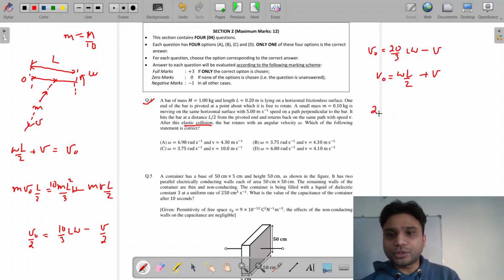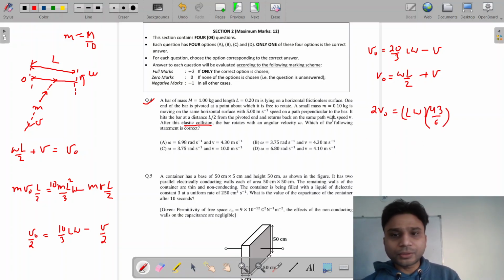So adding these two equations, 2 v naught is equal to L omega times 20 by 3 plus half, that is 43 by 6.